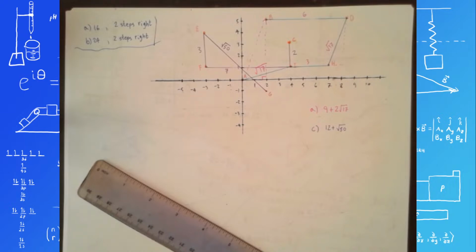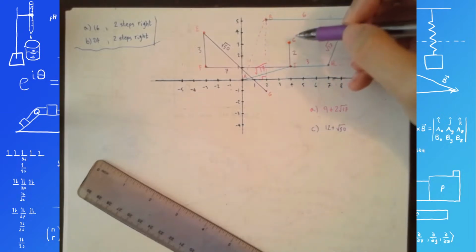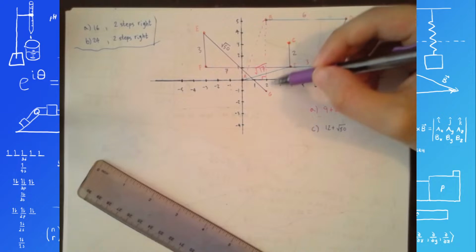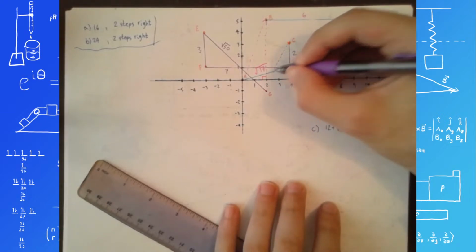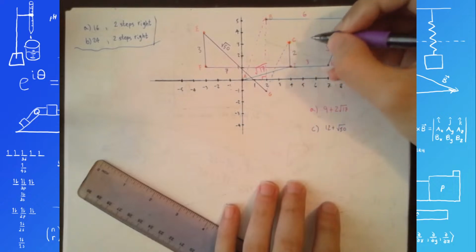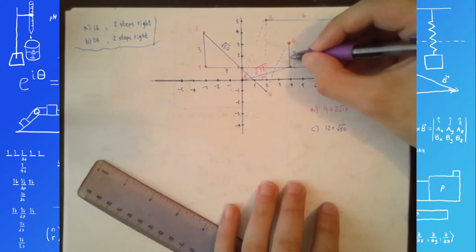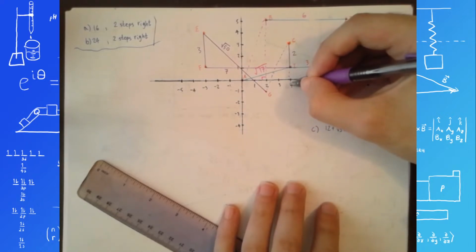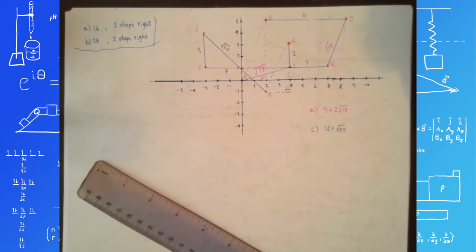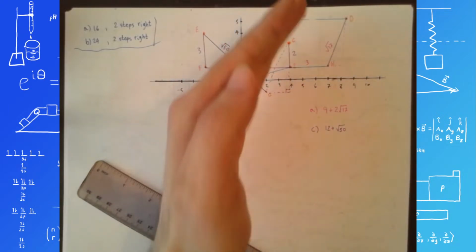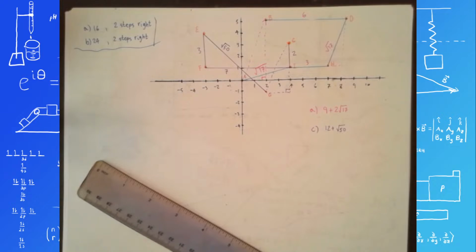And then part D, what is the displacement of the person in part C? So displacement in going from, they started at C, they ended at G, so their displacement looks like this. And again, I can just drop a vertical and make a right triangle there and figure out my magnitude and direction.